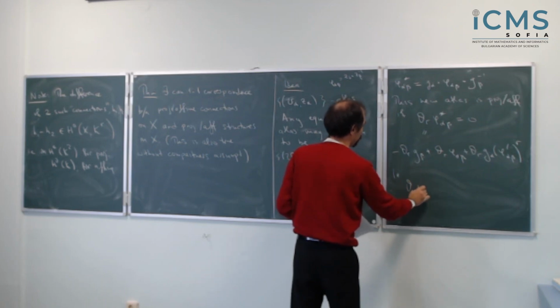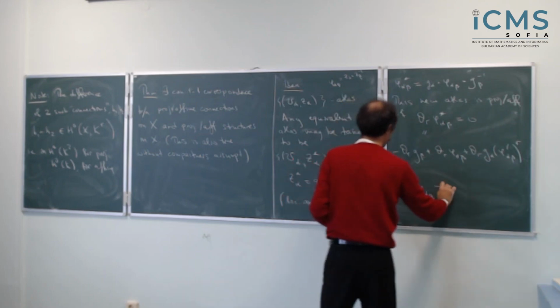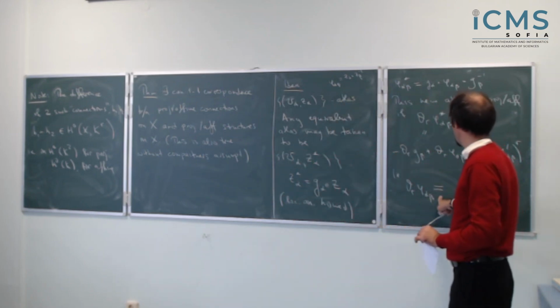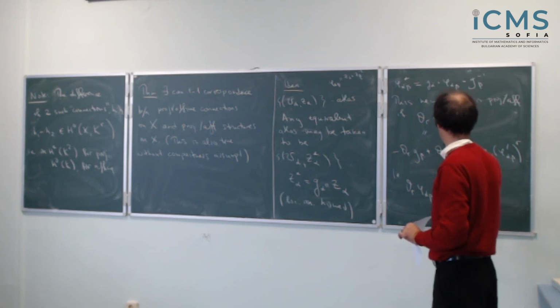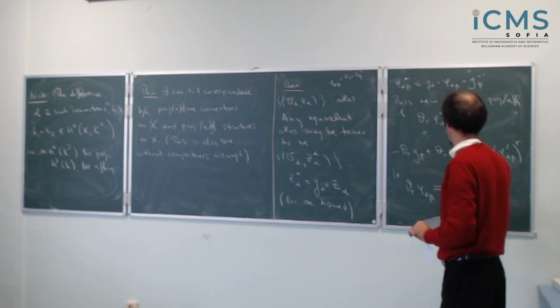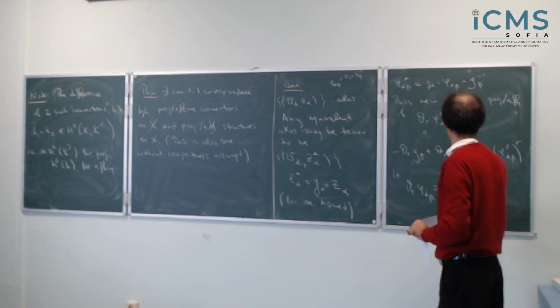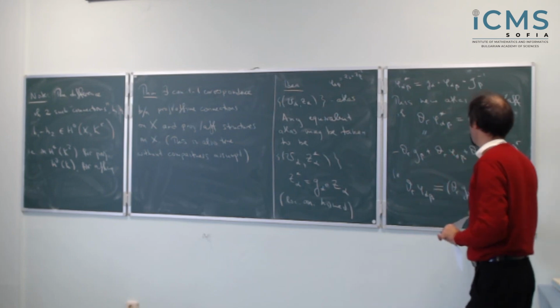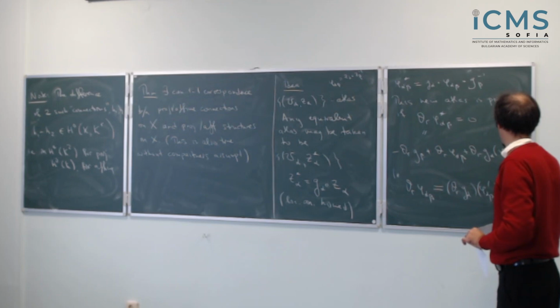So theta r phi alpha beta. Well, this is a kind of differential equation on the phi alpha beta that involves, well, the difference of theta r g alpha phi alpha beta prime minus theta r g.